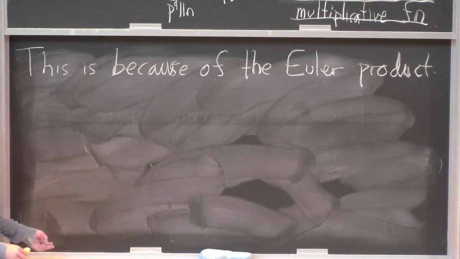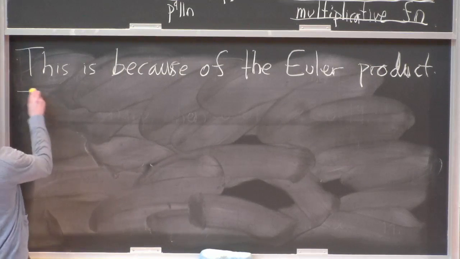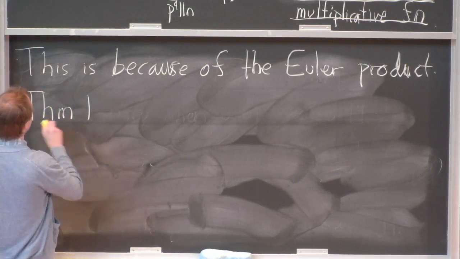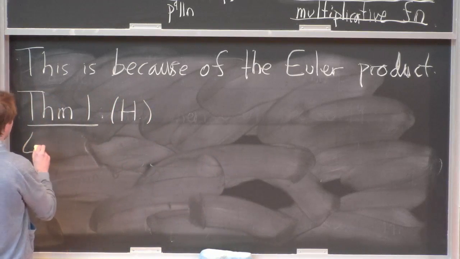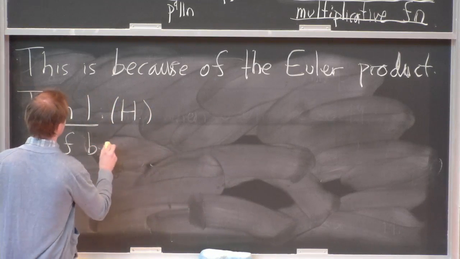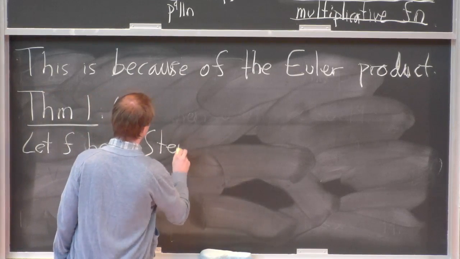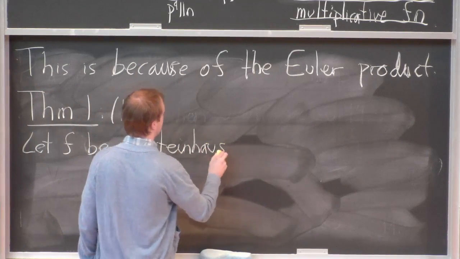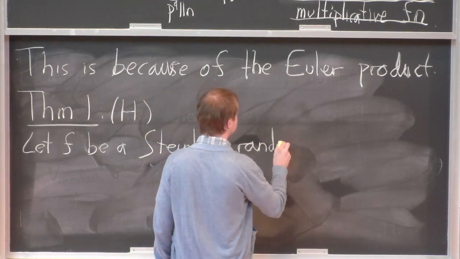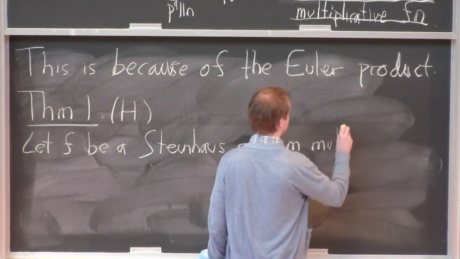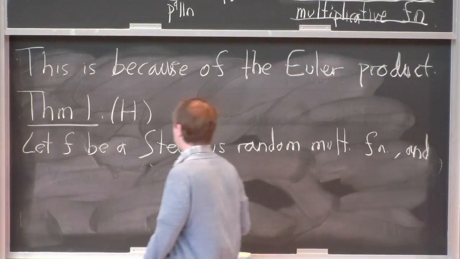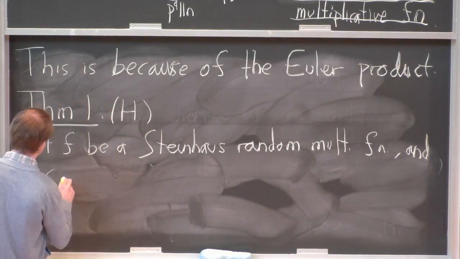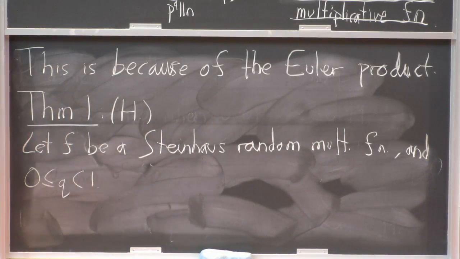Right. So now I will put you out of your suspense or misery, such as it was, and state some theorems. Theorem 1 is in the random setting. Let f be a Steinhaus random multiplicative function, and q between 0 and strictly less than 1.